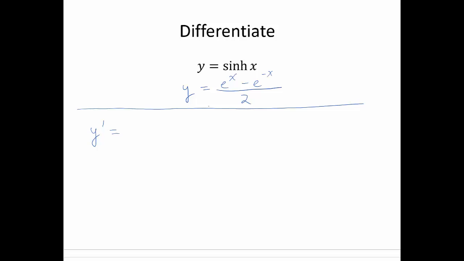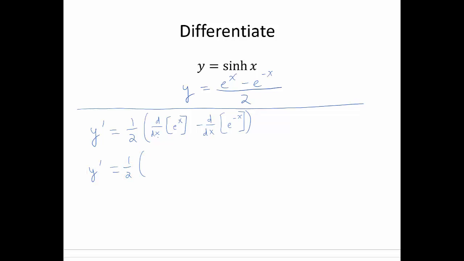well, that's the same thing as a 1/2, so let me bring out that 1/2. And then I'd have the derivative of e to the x minus the derivative, d by dx, of e to the negative x. Fortunately, we know how to do those. So I'd still have that 1/2.